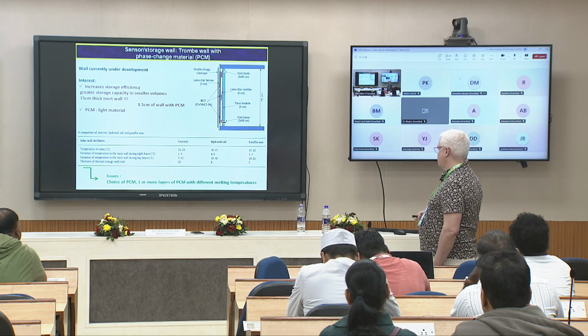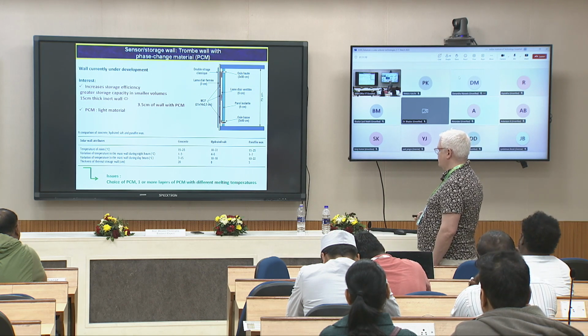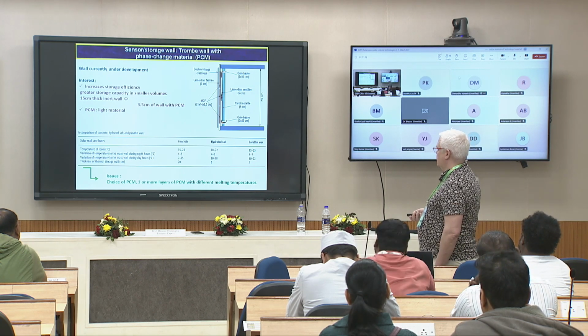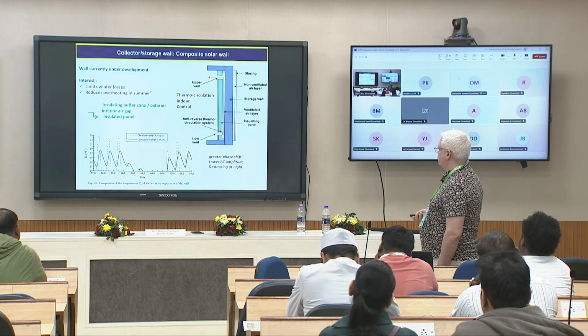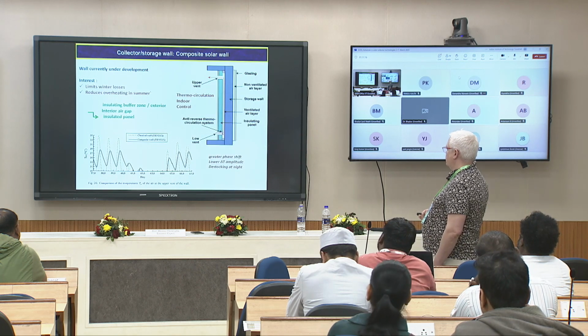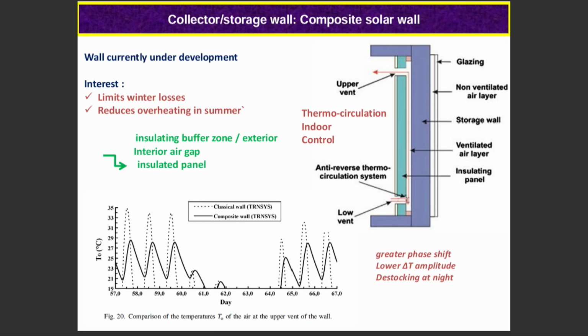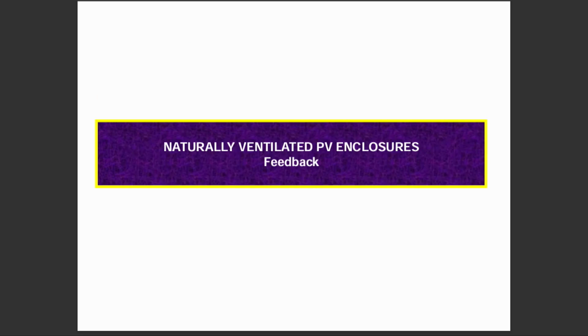At that time it was for winter, so to recover as much heat as possible. After that you can find combinations of thermocirculation, control inside the building envelope, and integration of ventilation.